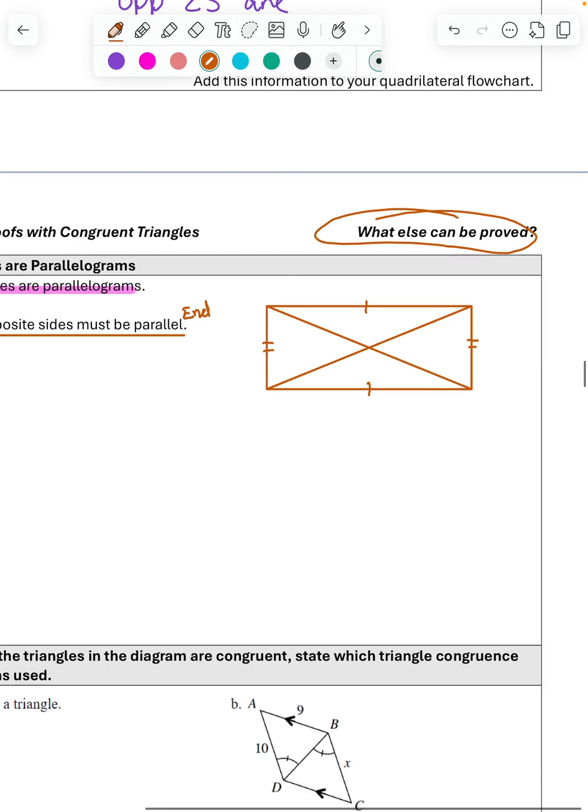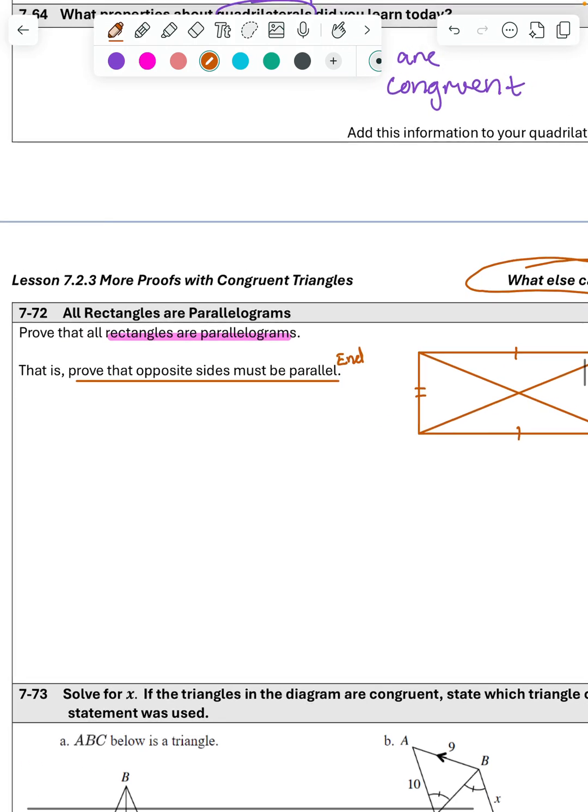And with this kind of proof, if I want to prove something about one part of this shape, that gives me a hint of maybe wanting to use CPCTC. The way I've described this to my students is if the left side of my face is equal to the right side of my face, I'm allowed to say that my left eyeball is equal to my right eyeball.